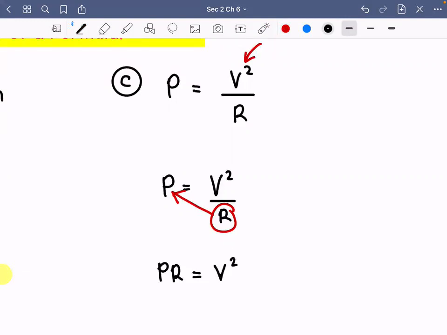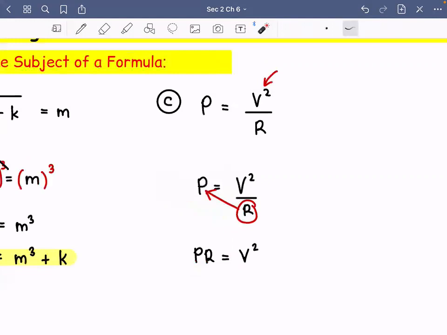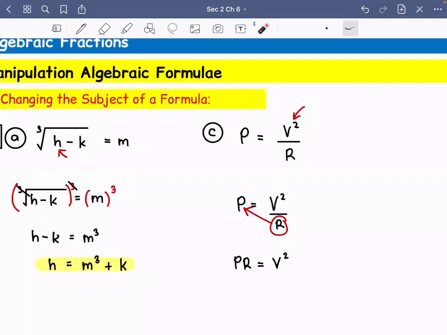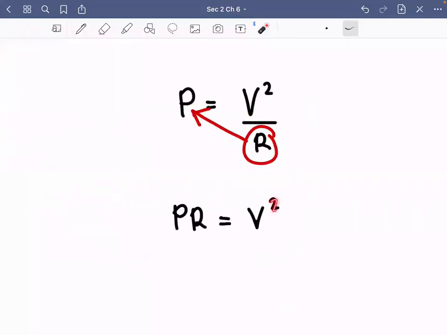And then how do I get rid of this square? Look at what I did on letter A. How do I get rid of the root? I cube it. Then how do I get rid of the square? What do you think I should do? Basically you get the square root. It's the opposite of that.